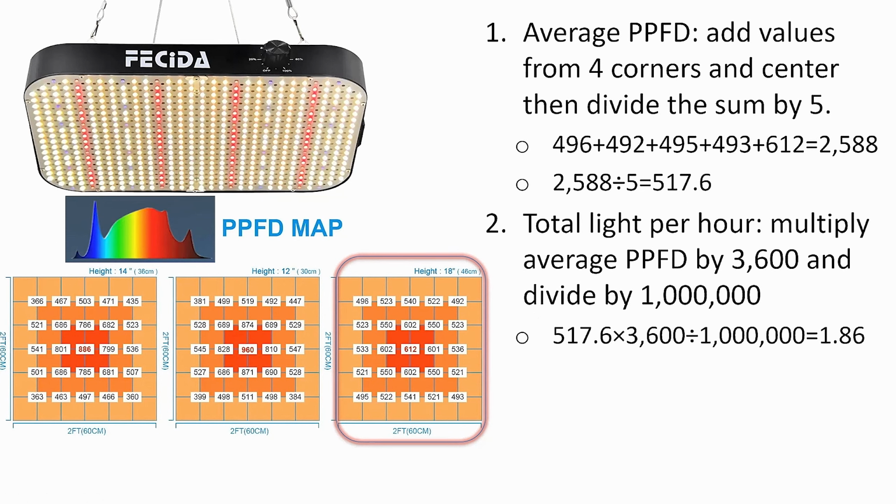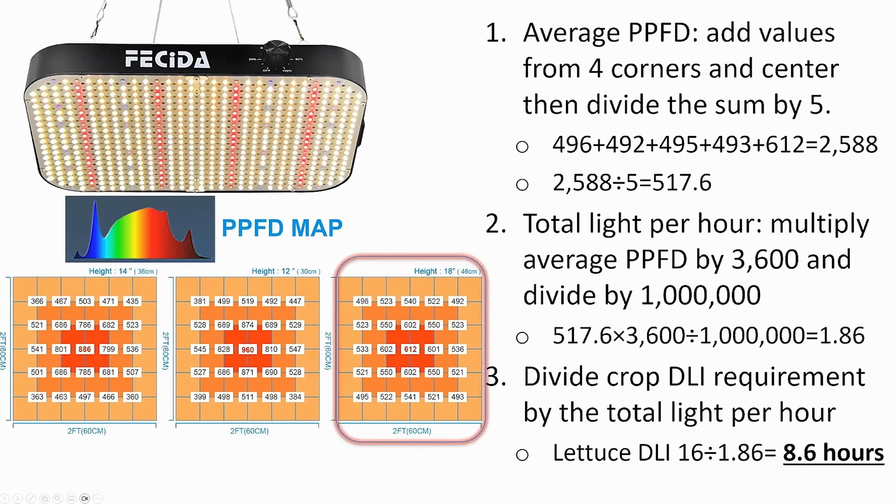Then you're just going to multiply that average by 3,600, and then divide that by 1 million, and you're going to get the total light that reaches this area in 1 hour. So this is the value 1.86, and we divide by 1 million because this is in micromoles, and we want to get moles, and that's the DLI units from the previous slides.